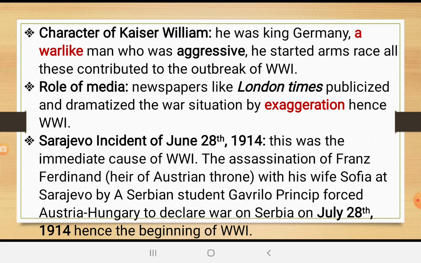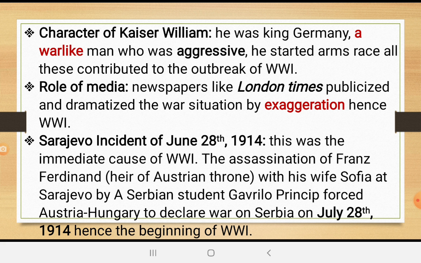This forced Austria-Hungary to declare war on Serbia on July 28th, 1914, after giving this country an ultimatum, and this ultimatum was not responded to.